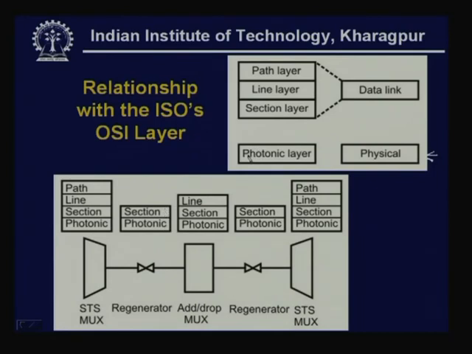Since it has the functionality of photonic and section layer, that is why we say that regenerators belong to both physical as well as data link layer. On the other hand, the add drop multiplexers have the 3 layers, photonic, section and line layers, and the STS multiplexer, as we have already mentioned, has got 4 different layers, photonic, section, line and path layers.